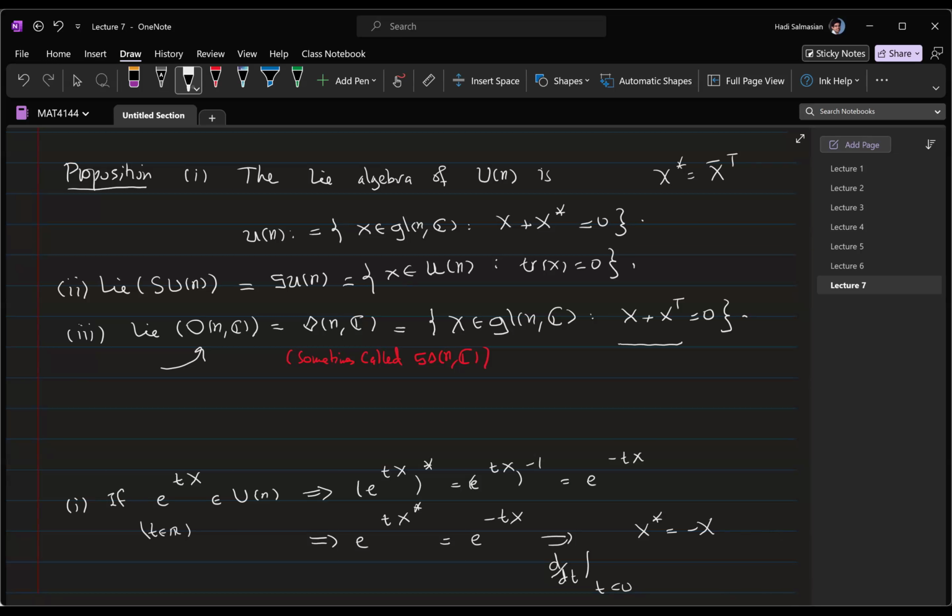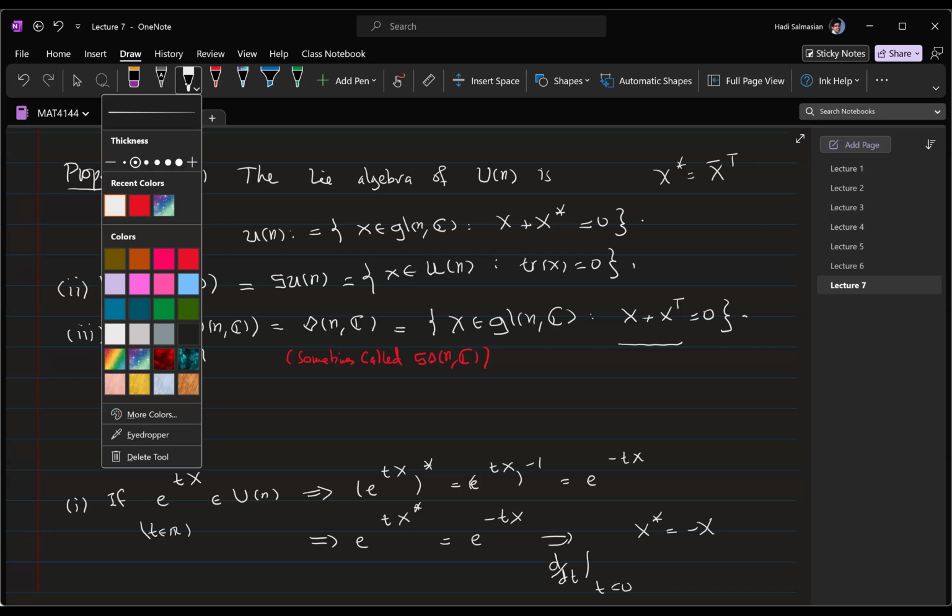We couldn't remove the S and say it's the same Lie algebra. But here, ON and SON have the same Lie algebra. The groups are not the same, but the Lie algebras are; the groups only differ by the disconnected part. Is it clear? People online, you're following? Any questions?